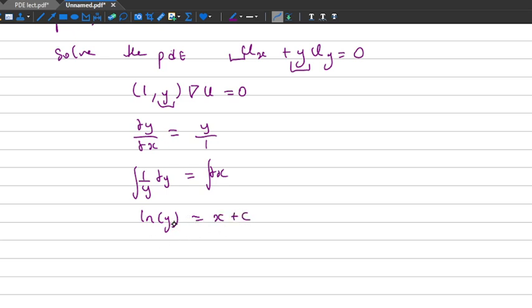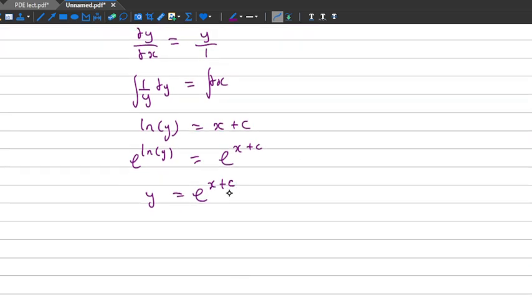So you can make y the subject by raising everything to e: y equals e to the x plus c. The natural log and e simplify, and this remains e to the x plus c, which you can write as e to the x times e to the c, since this is a product with the same bases.